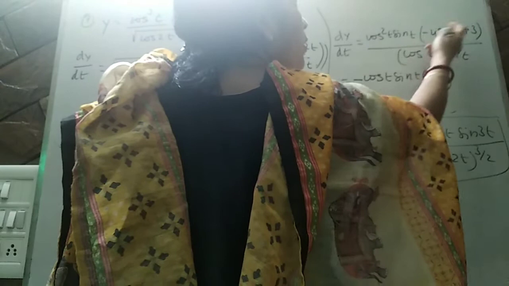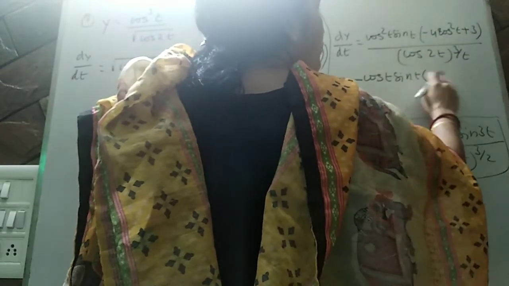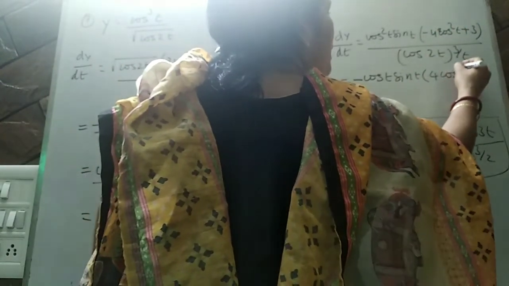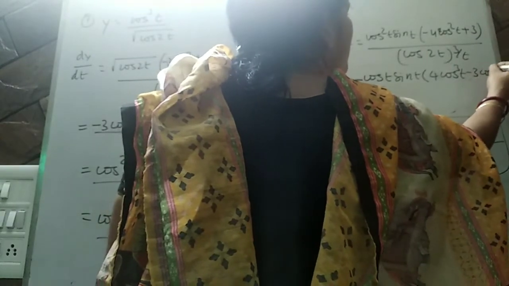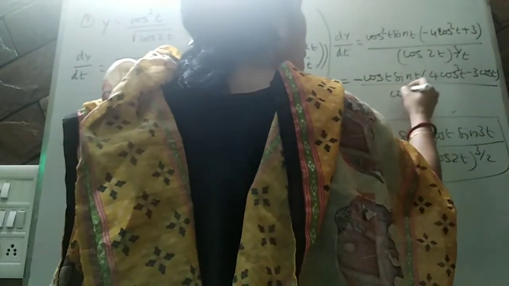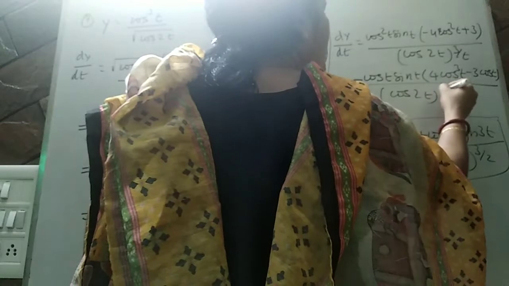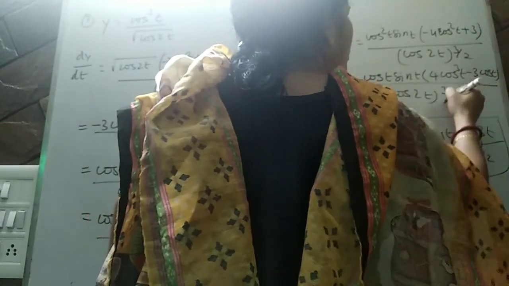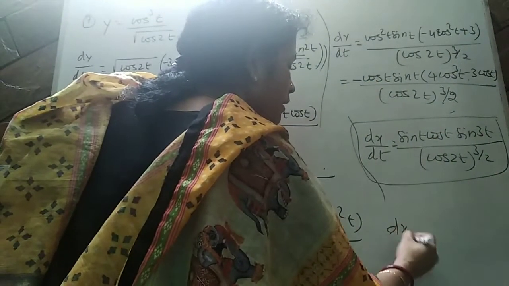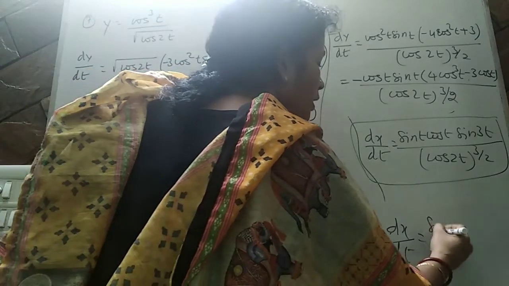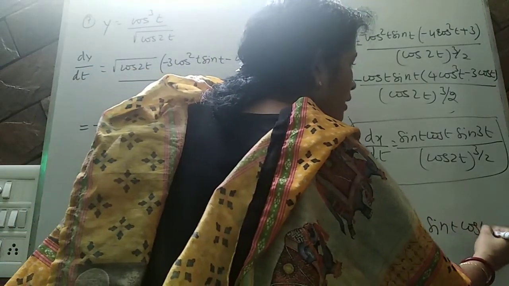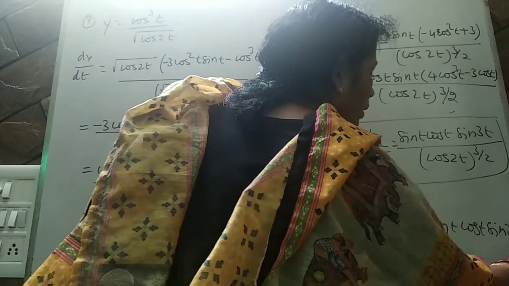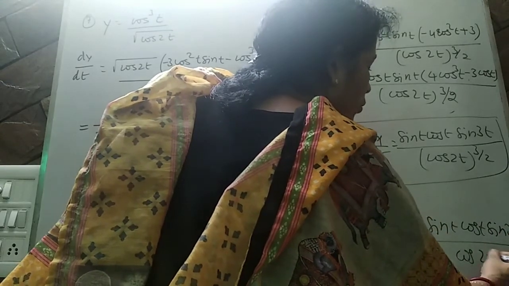If I open one cos t inside, we will get 4 cos cube t minus 3 cos t, the whole upon cos 2t whole power 3 by 2. I'm writing here dx by dt, I need that: it is equal to sin t cos t into sin 3t, the whole upon cos 2t whole power 3 by 2. I need this term.